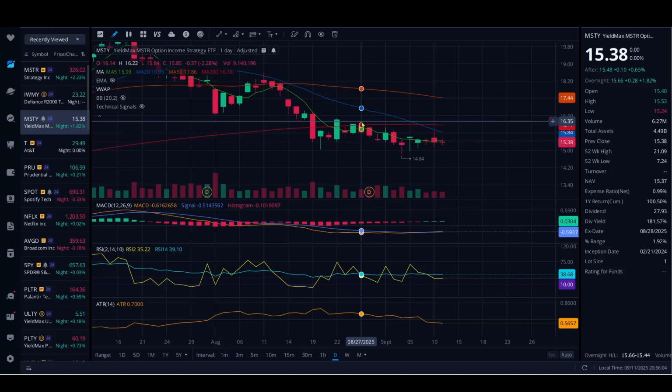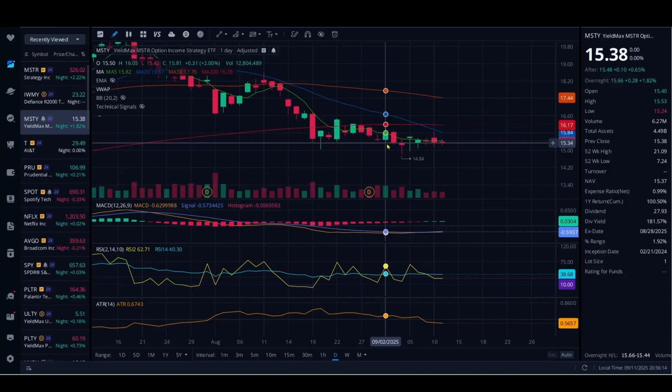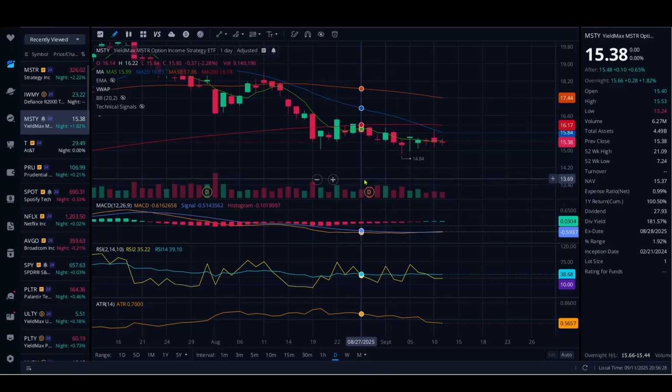That shifts all the candles before it downward by that amount so that it gives more of a smoother look. It takes out the noise of the distribution, the dividend, or stock splits. It's easier to look at as far as using for the indicators and stuff like that.